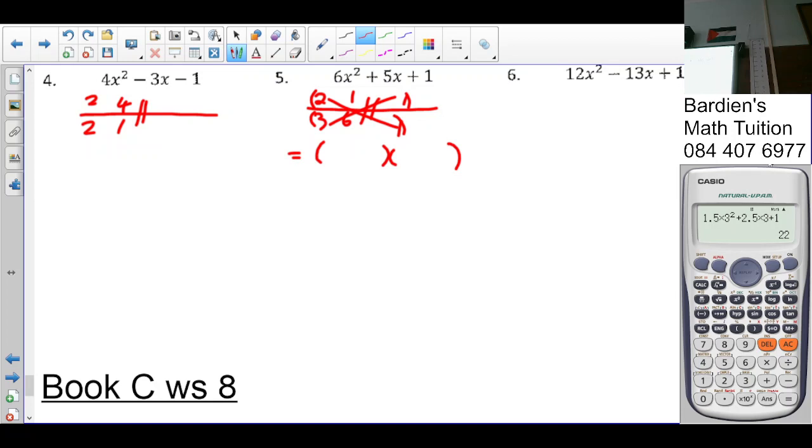What do we get? A 2 and a 1, a 3 and a 1. Can you see that? X squared, so there goes an x and an x. Do you see that, people? So it's a 2x and a 1, a 3x and a 1. What about our signs? Same sign. So both are going to be plus.